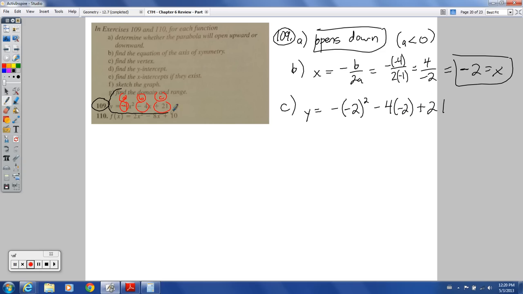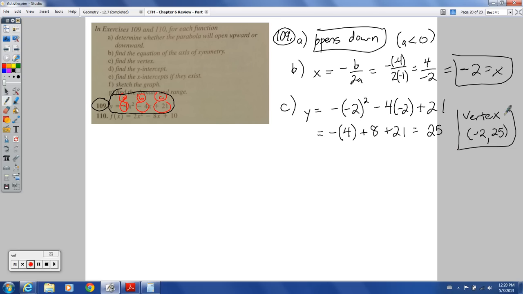I'm just going back to this original equation right here and plugging in -2. So I have negative, and then this would be 4. That negative sign is still out there. This would be plus 8 plus 21. All that put together is going to be -4 plus 8 is positive 4. 4 plus 21 is 25. So we'd have a vertex at -2, positive 25 right there.